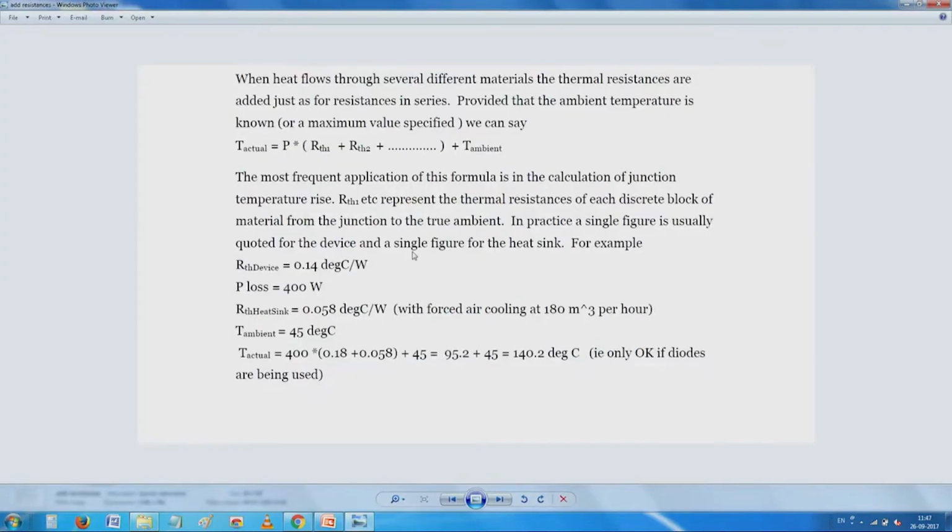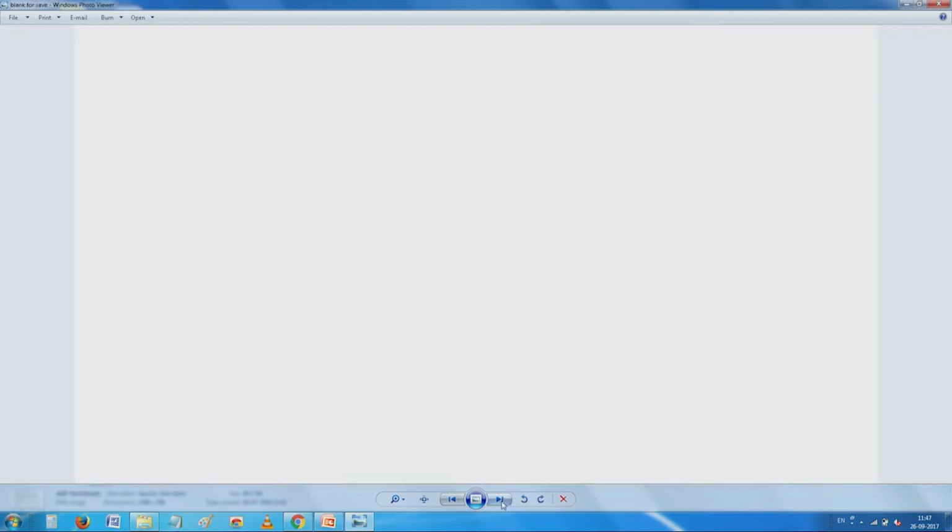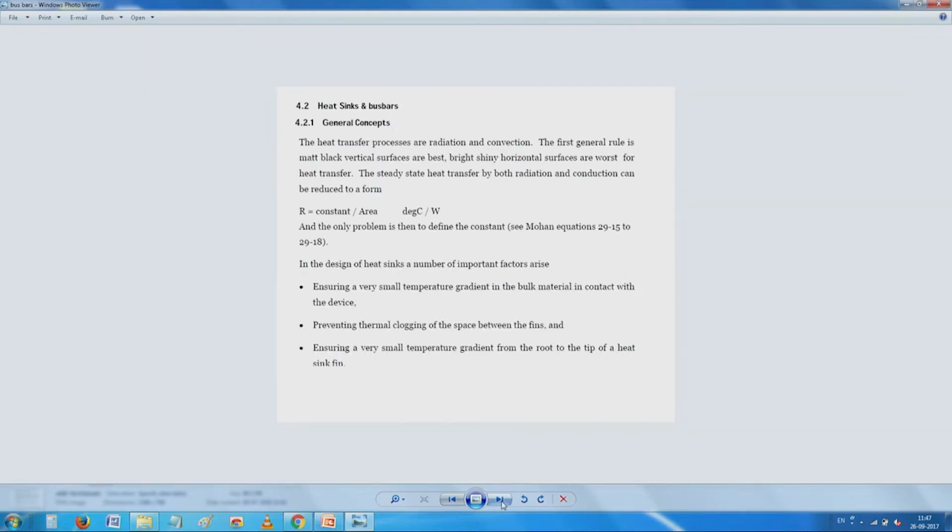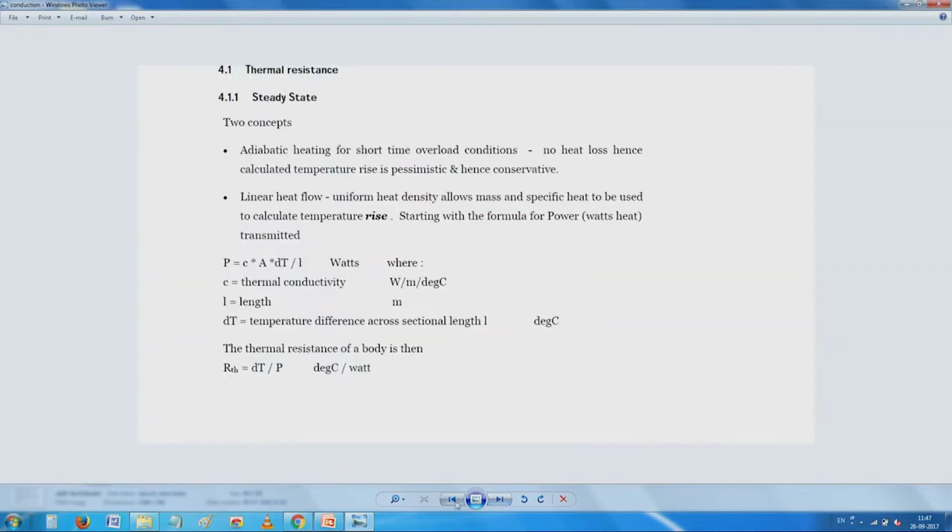We slowly get into this idea of how to calculate or how to work on a gross thermal resistance which we need to have.